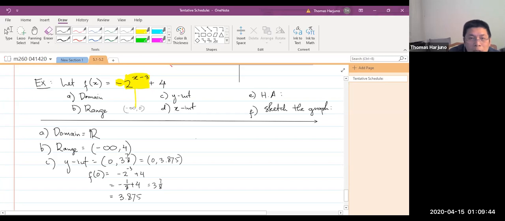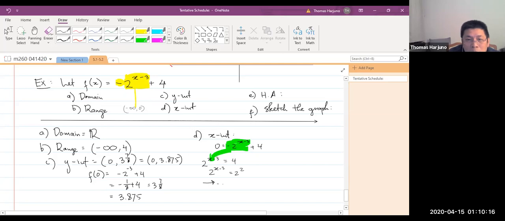While the x-intercept, 0 equals negative 2 to the x minus 3 plus 4. Let me move the negative term to the left to make it positive. So I get 2 to the x minus 3 equals 4, which is 2 squared.